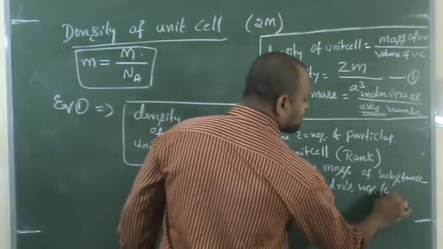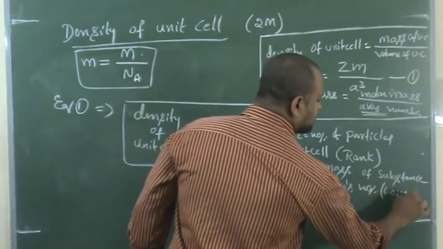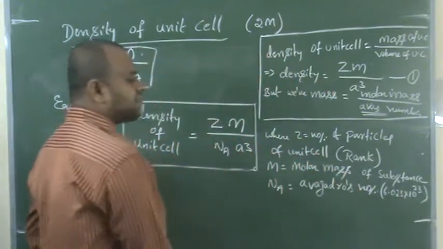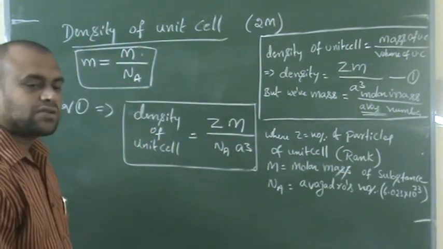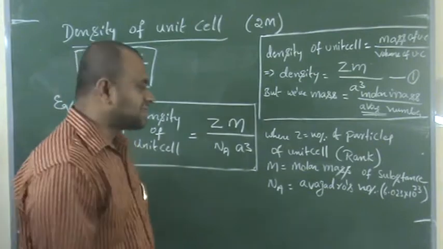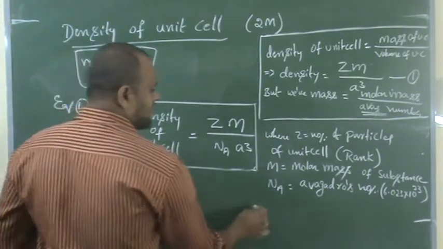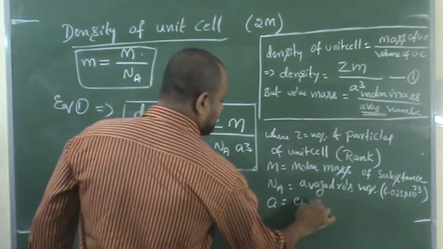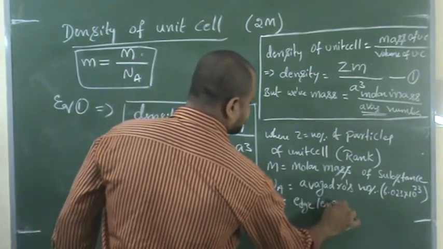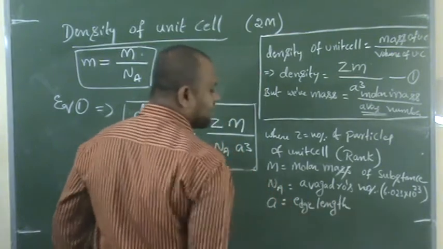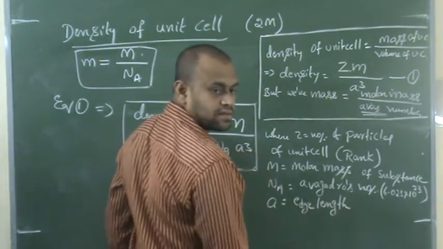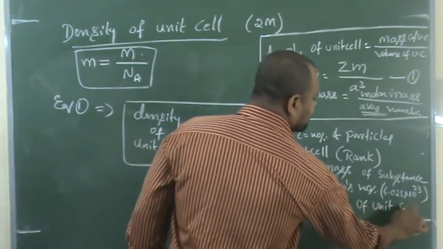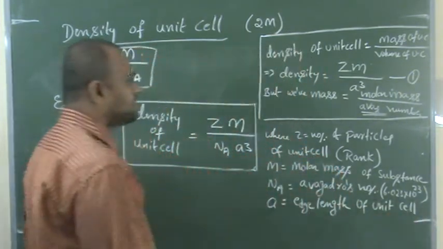How much is Avogadro's number? 6.023 into 10 to the power of 23. This is Avogadro's number, right? And a is the edge length of the unit cell.